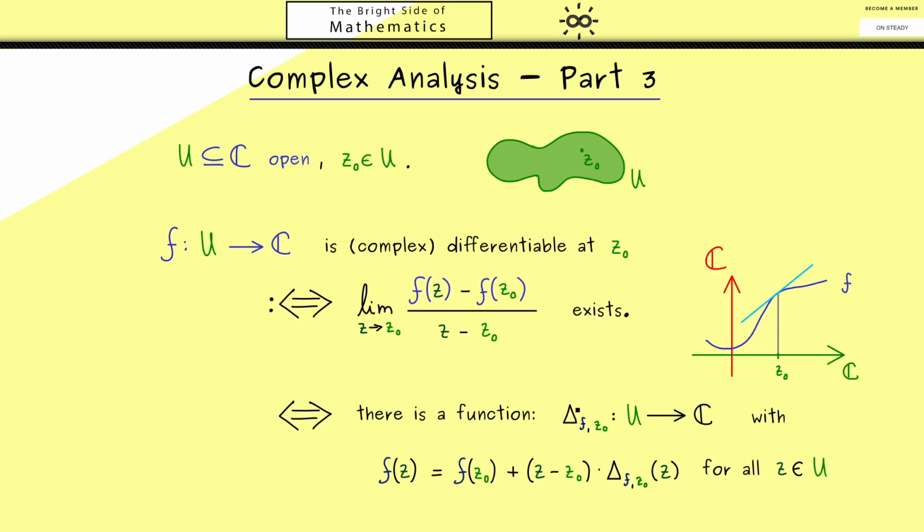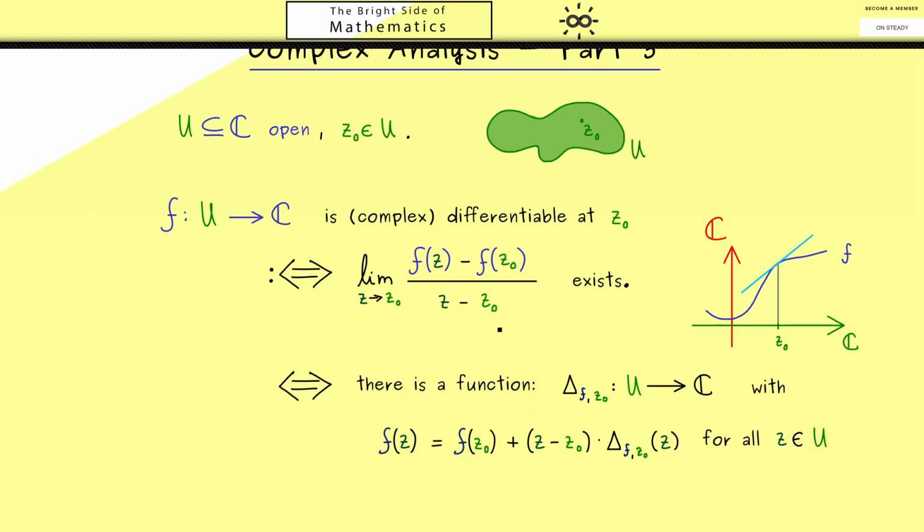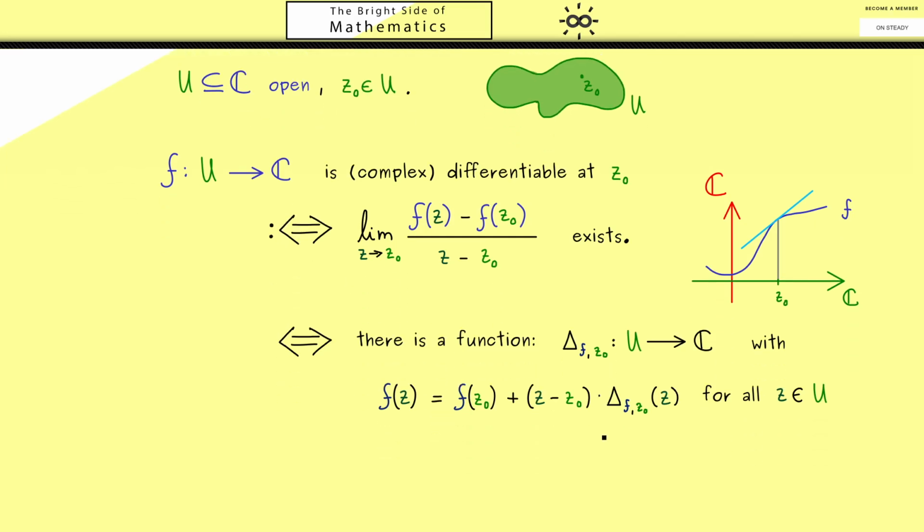Of course, this property here holds for every function f, so we need one more ingredient here. And here, please recall, we want that this limit exists. Hence, this means that the function delta f,z0 is continuous at the point z0. Hence, this continuity property is really what we need, and this one makes the differentiability.